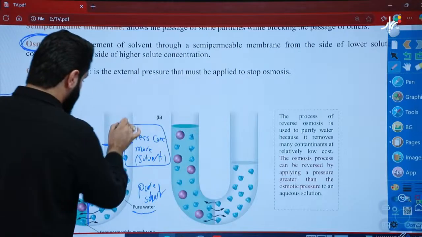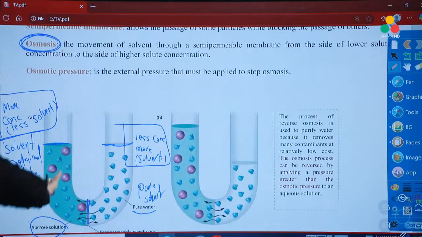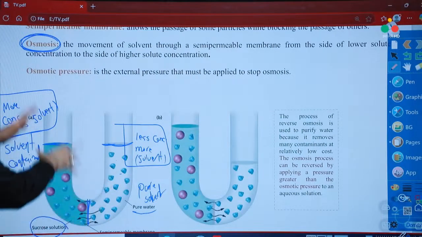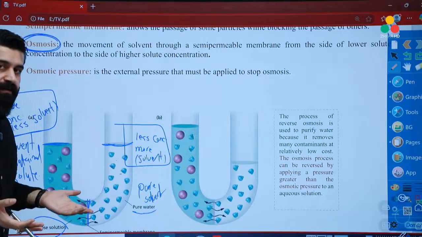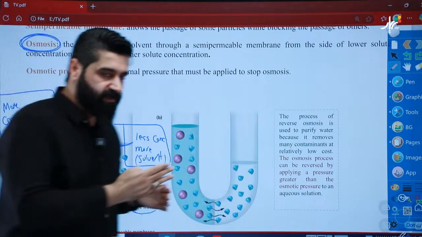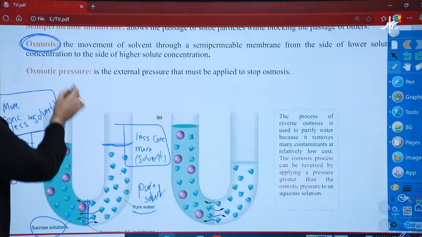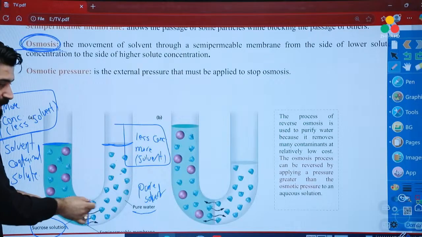Okay. Now we have a membrane that separates two different concentrations. One is more concentrated than the other. So what's going to happen? What will be the next step? Then it's time for the movement. It's time for the passage. Water molecules pass through the membrane.